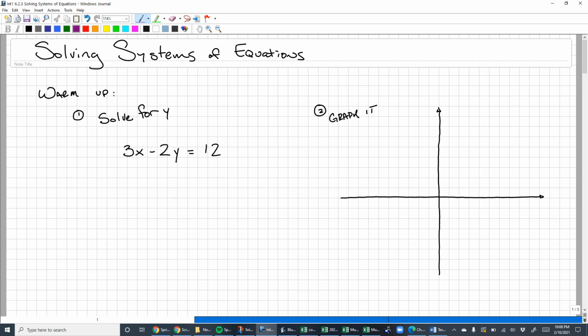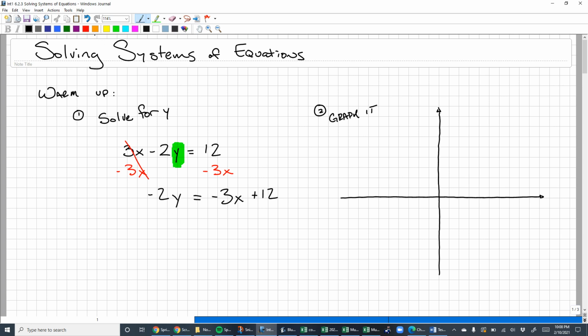We're going to get y by itself, which means we need to get rid of all the things around y. So I'm going to start with the things that are furthest away. Get rid of that 3x. If we do it to one side, we have to do it on the other side also. We're going to be left with negative 2y is equal to negative 3x plus 12.